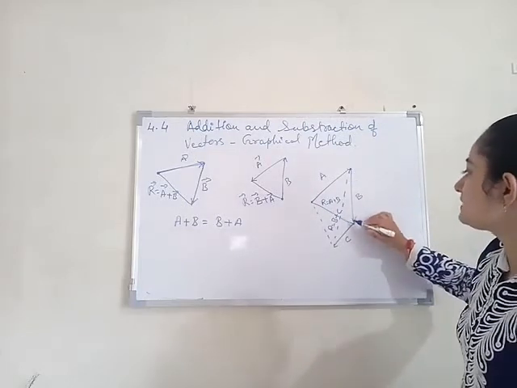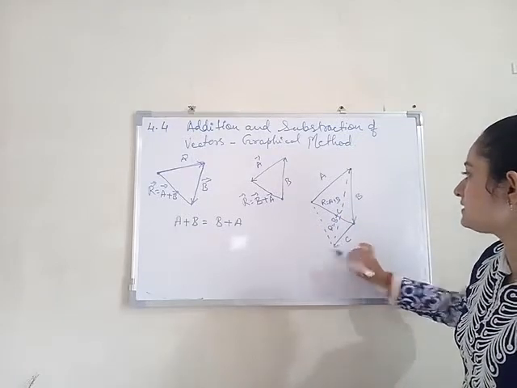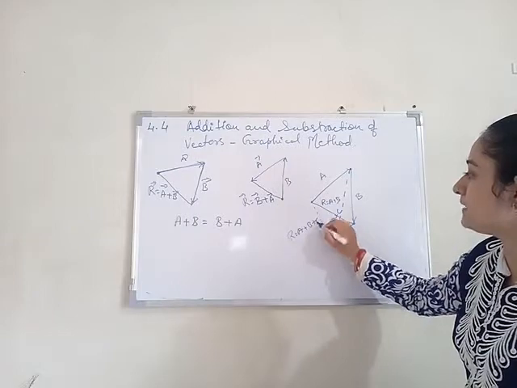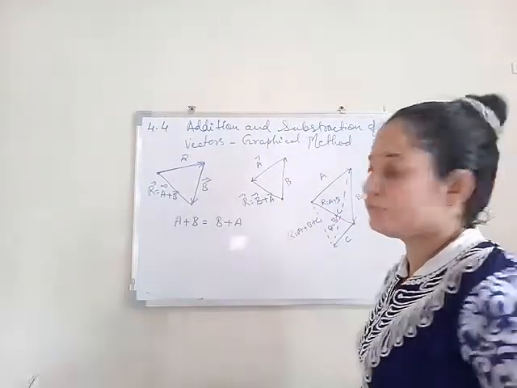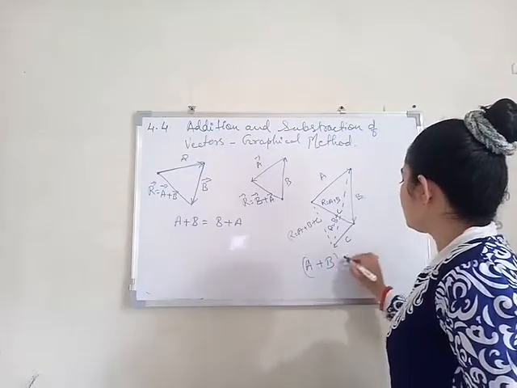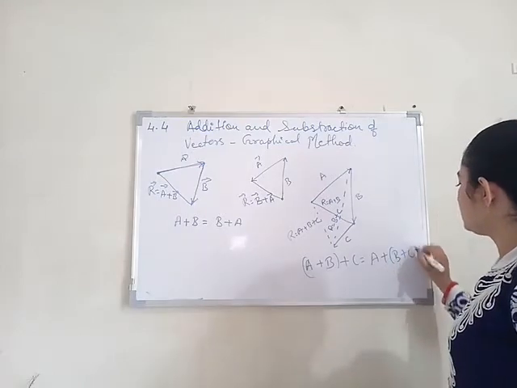Here it is A plus B and this is C. So the resultant vector will be A plus B plus C. It also obeys the associative law, that is, A plus B plus C equals A plus B plus C.